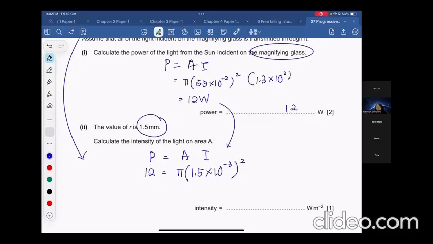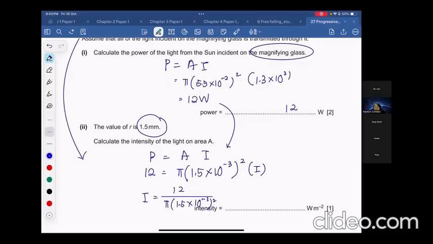Then we check. Make it two significant figures. Intensity I, if you do it properly, should be 12 divided by pi times 1.5 times 10 power of negative 3, squared. Just now, who was that? Let me have a look.